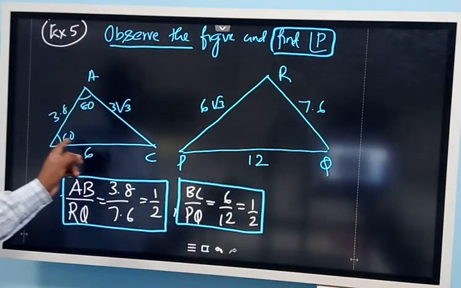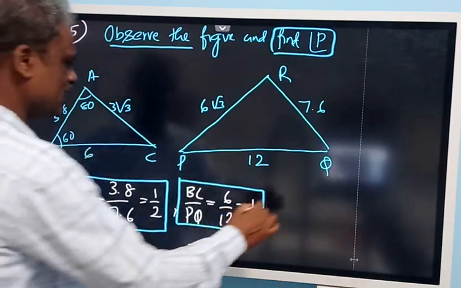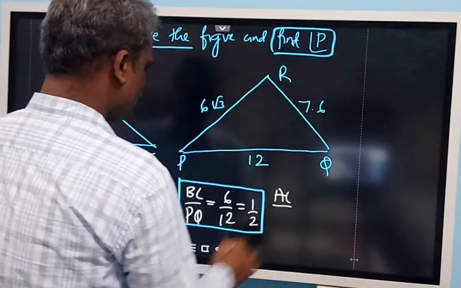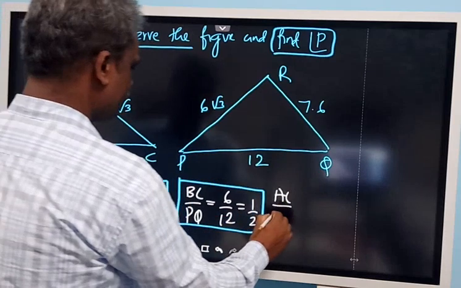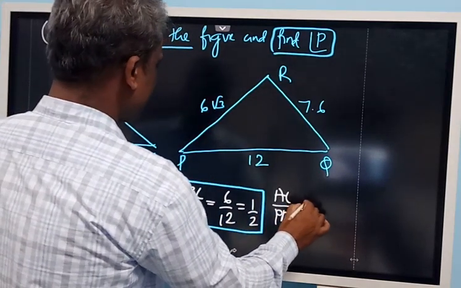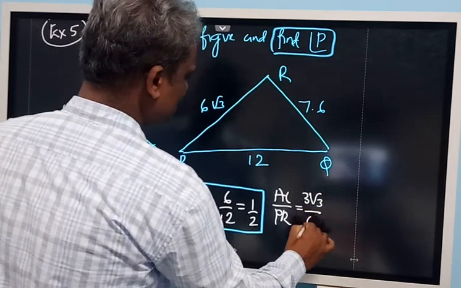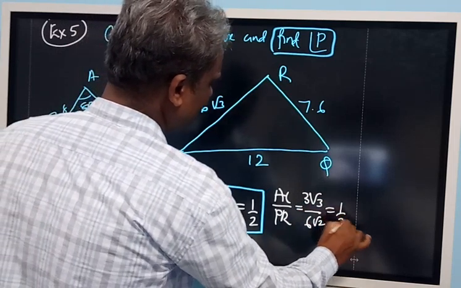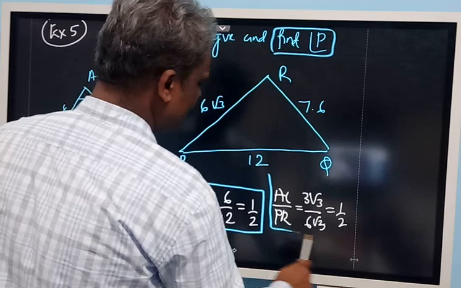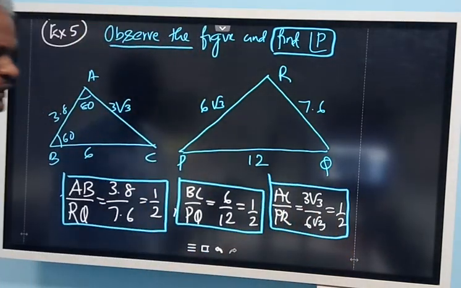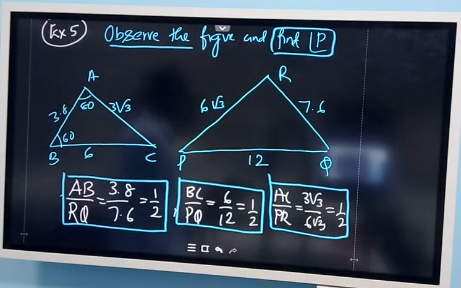AB left out, BC left out, so AC by... what is left out here? PR. So you can write PR. AC here is 3 root 3, PR here is 6 root 3. Again this is also 1 by 2. So you are getting all the three sides in the same ratio. Therefore triangles must be similar.